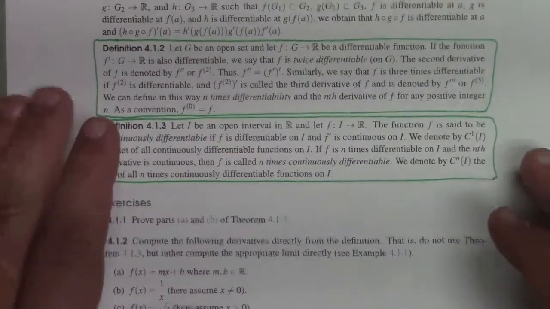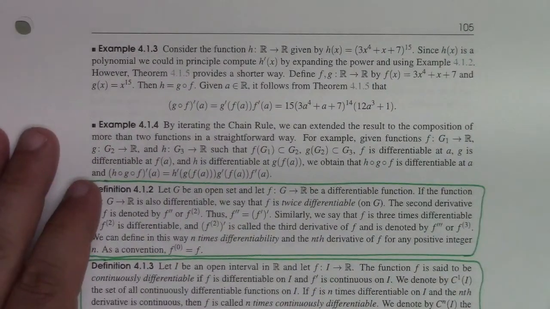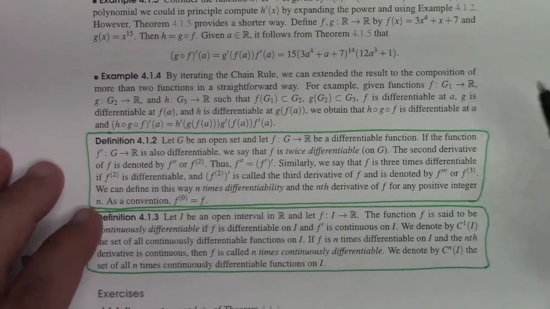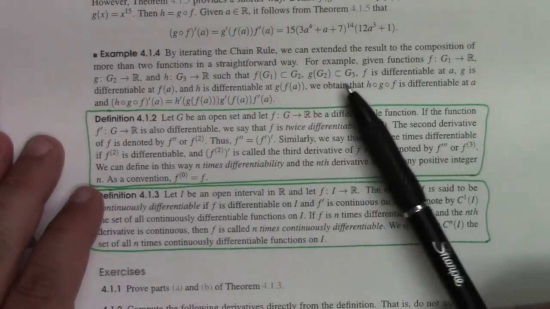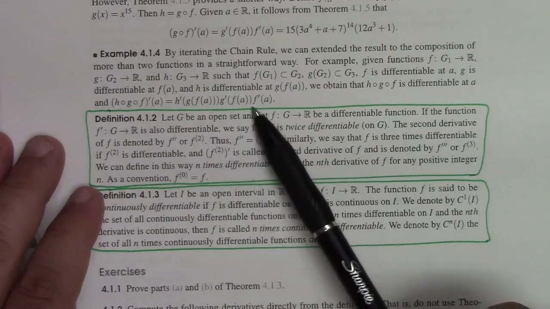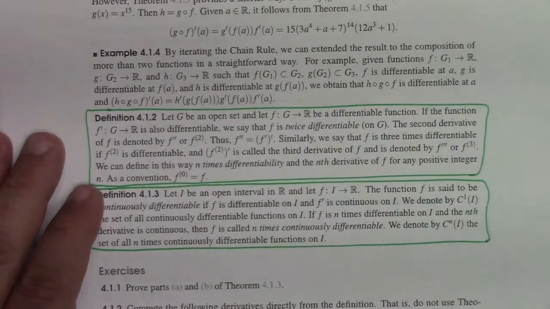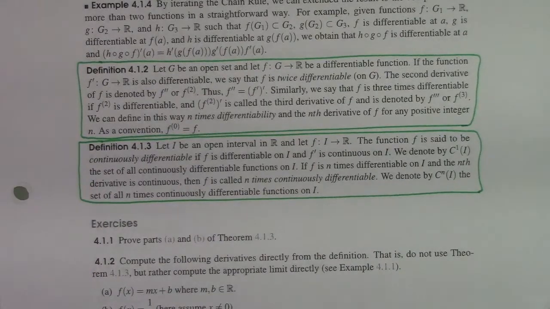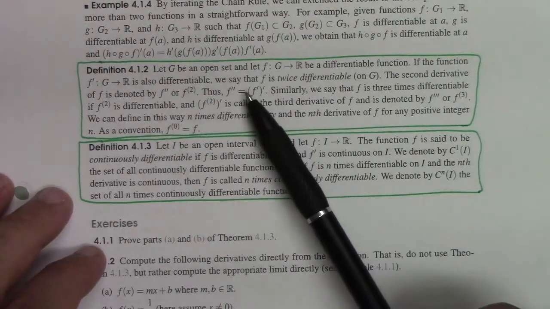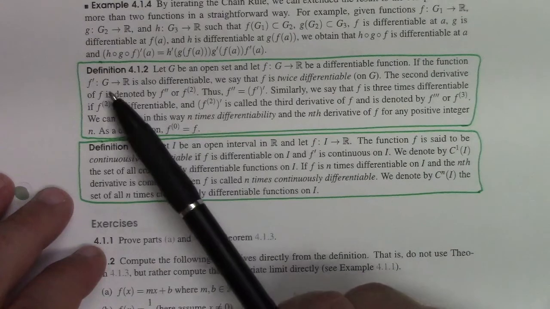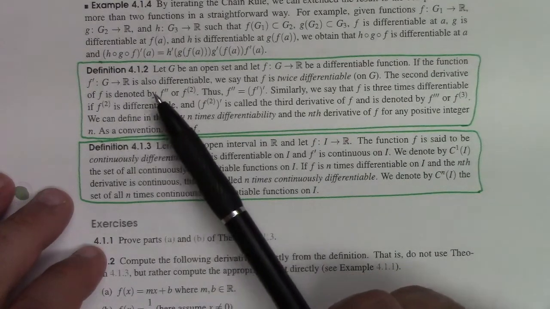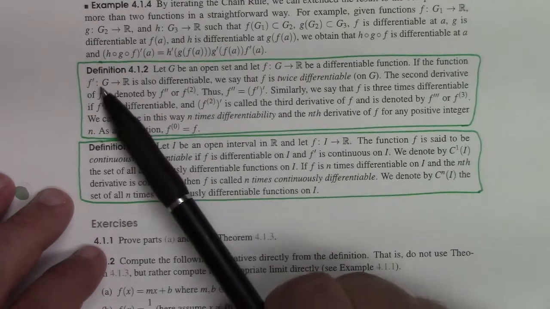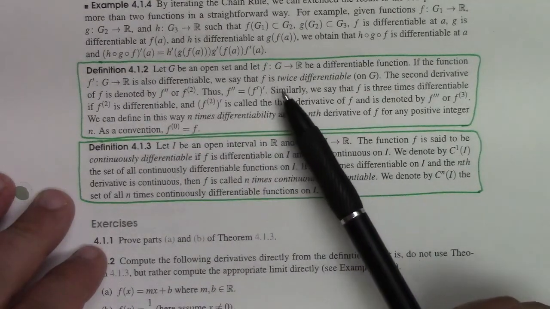So here's an example of the chain rule, but I don't think I need to go through that with you. And of course we can apply the chain rule more than once, right? Like that, you get the chain of the chain rule. And great. Furthermore, we can extend our notion of differentiability to second derivatives. If you can calculate the derivative, then you can say that the function is twice differentiable if the derivative itself is differentiable, and so forth.